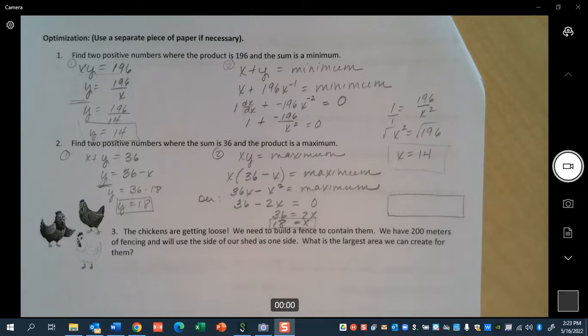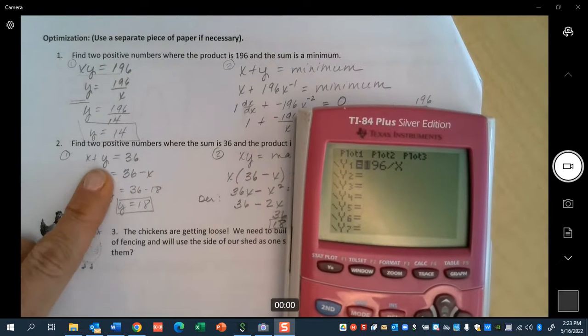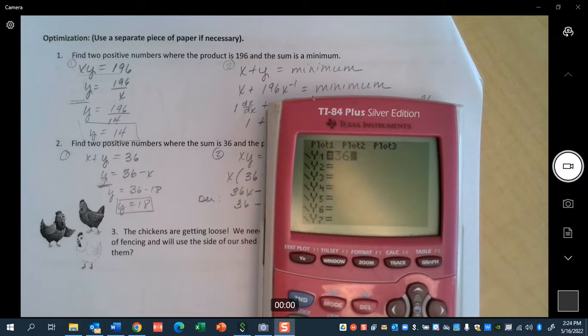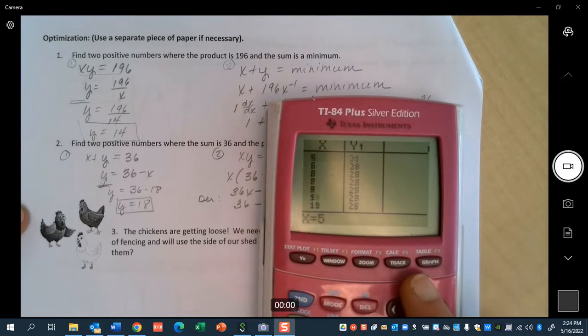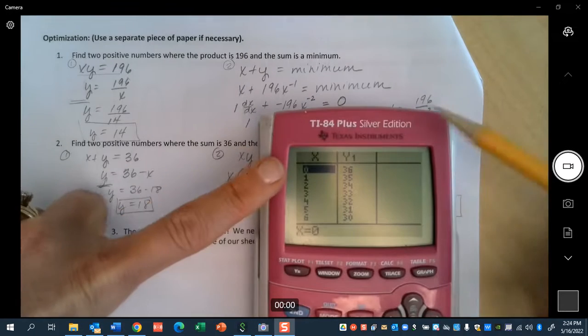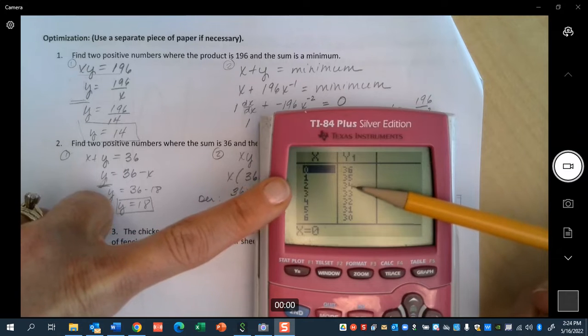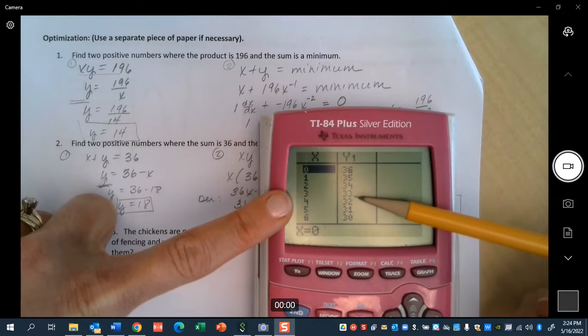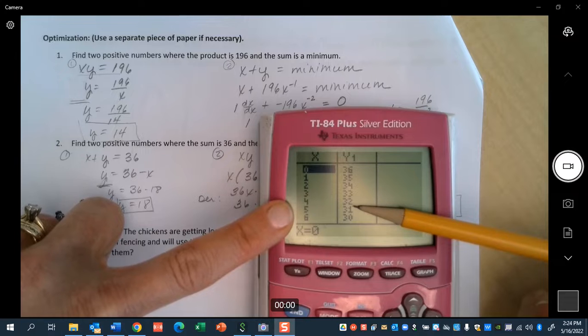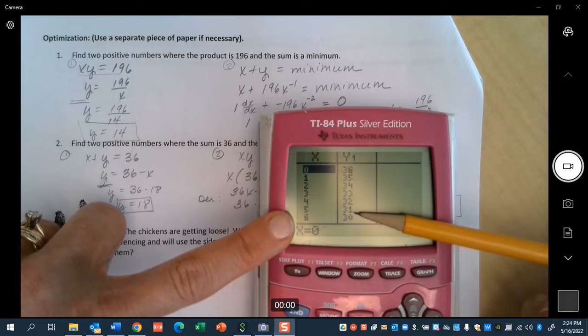If you want to see what that looks like on the calculator, where we talk about the two numbers adding together, if I have 36 minus all the values in the whole wide world, and I go to the table of values, when I'm here at 0, when I'm talking about my product being a maximum, 0 times 36, 1 times 35, 2 times 34 is 68, 3 times 33 is 99, 4 times 32 is 124, 155.